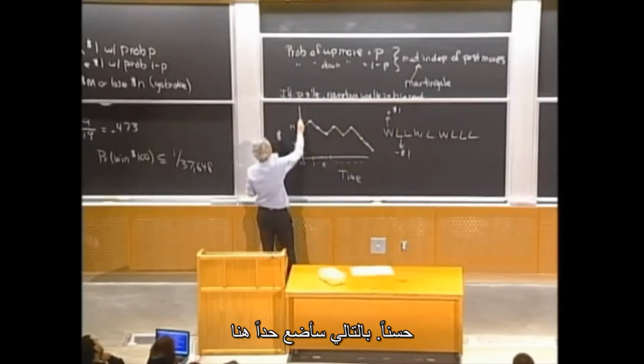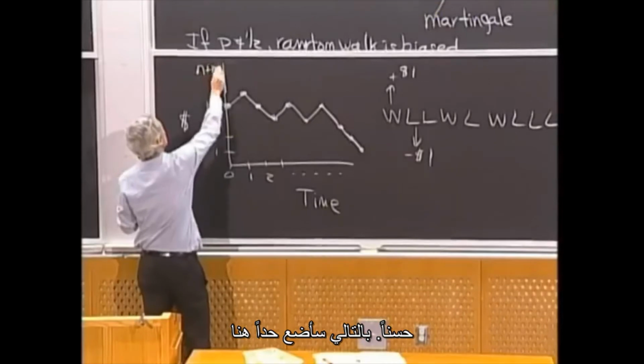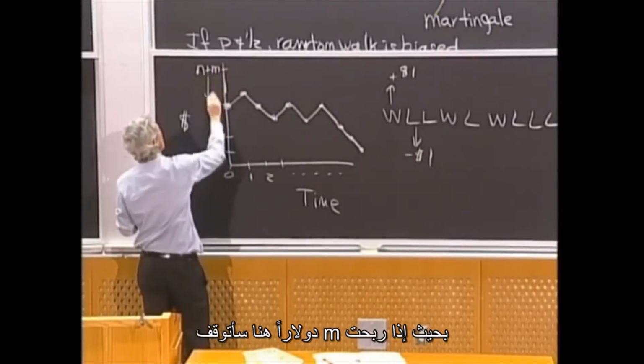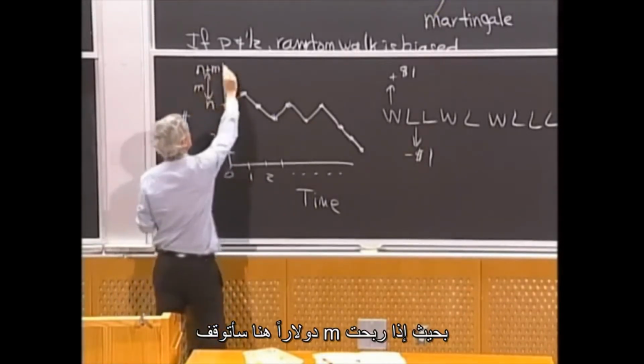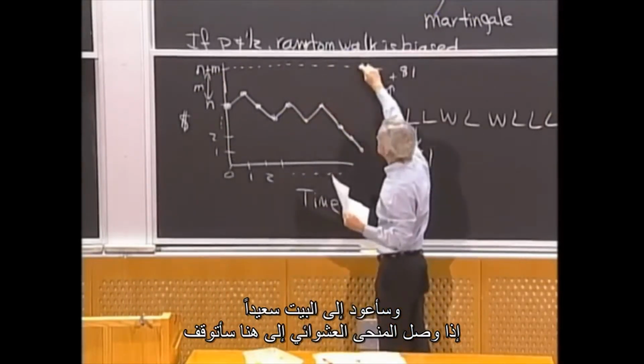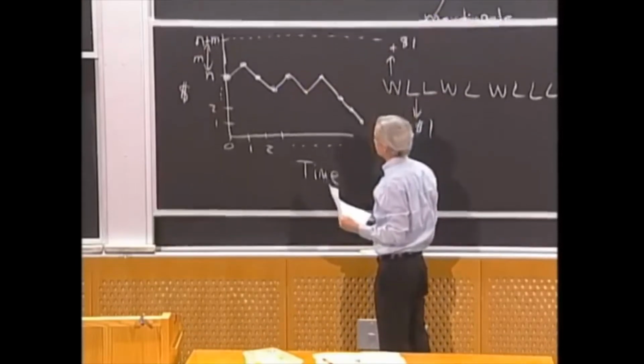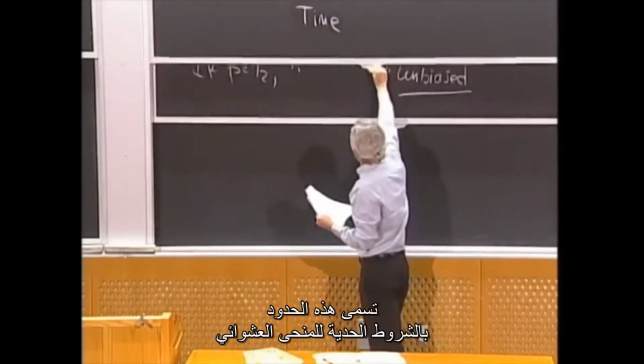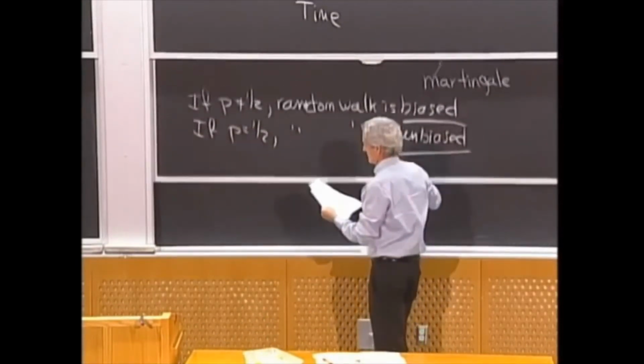So if I win m dollars here, I stop, and I go home happy. If the random walk ever goes here, then I stop. Those are called boundary conditions for the walk.